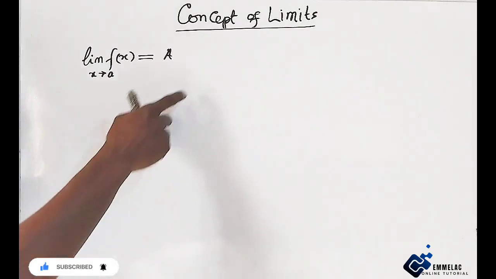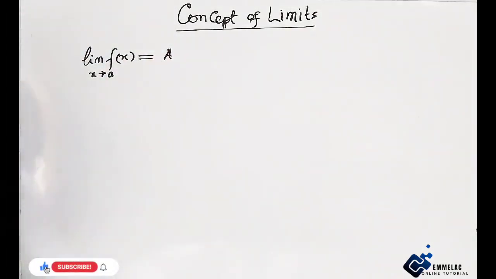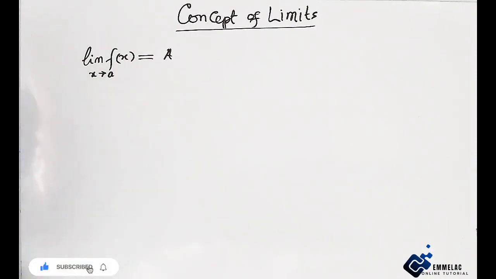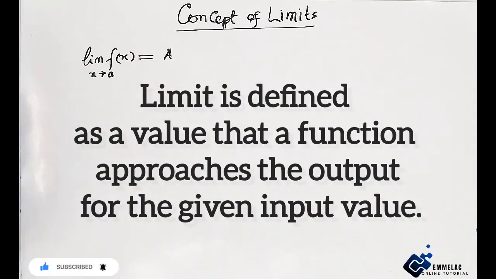Alright. Now, if we are able to understand the interpretation of this, what then is a limit? Limit in actual sense is defined as a value that a function approaches, the output for the given input values. Now, what does this mean?